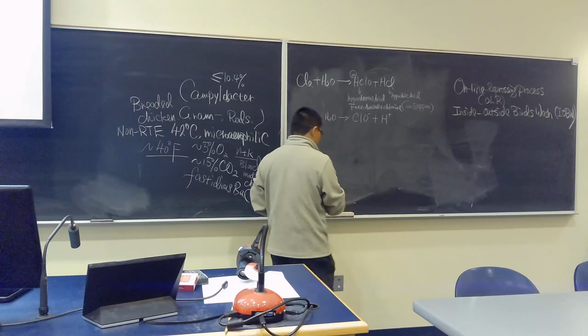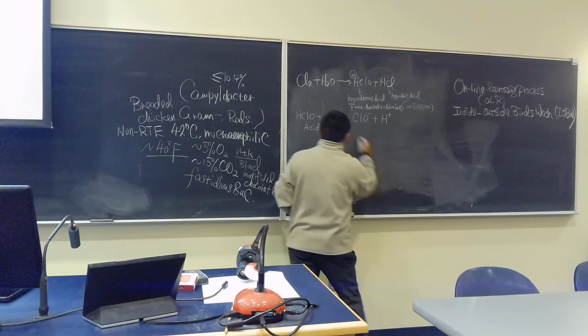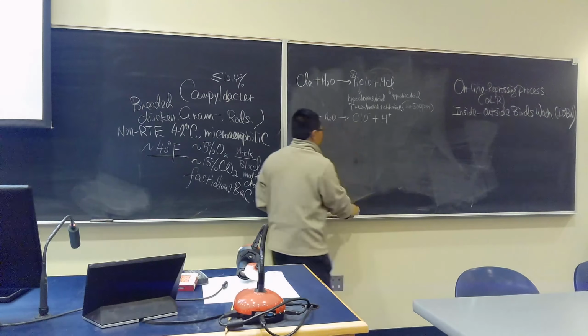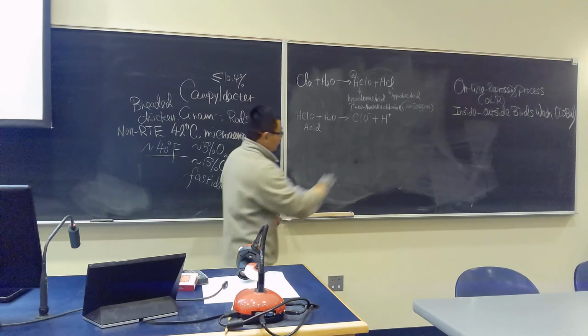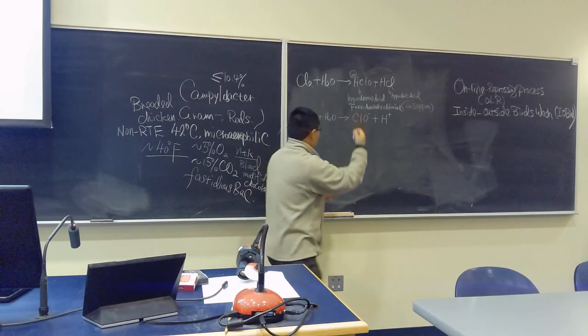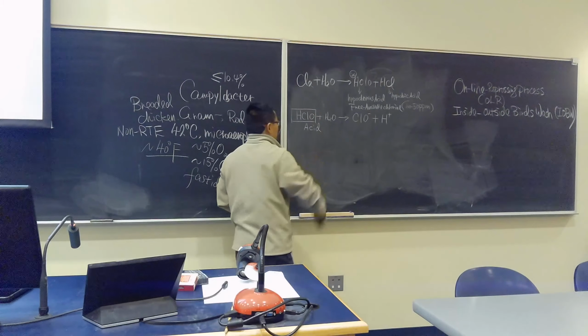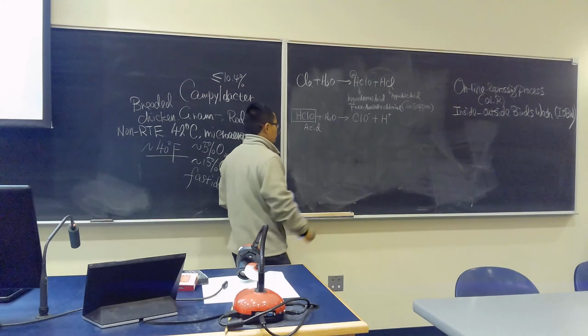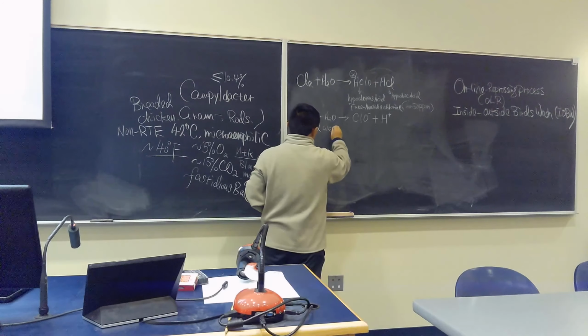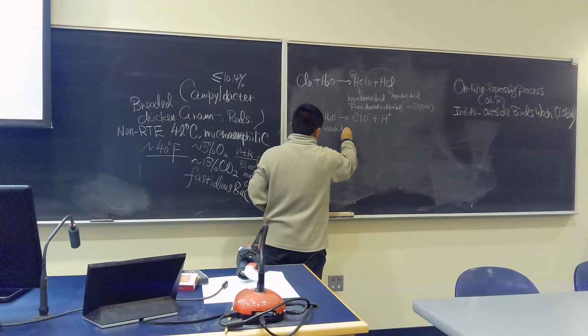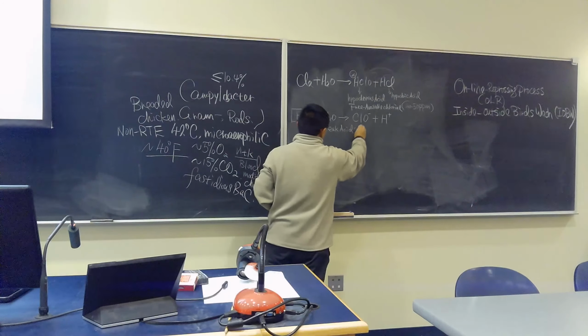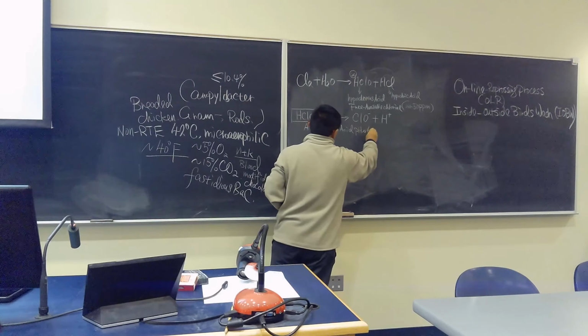This reaction goes this way, go the left way. This will be generated. And this acid concentration you have to control is usually a weak acid environment, pH around 6.8.